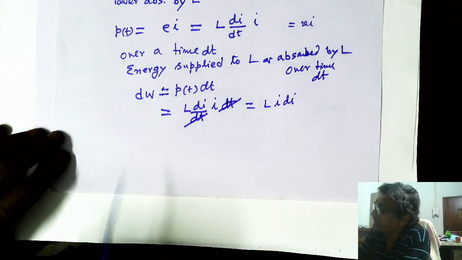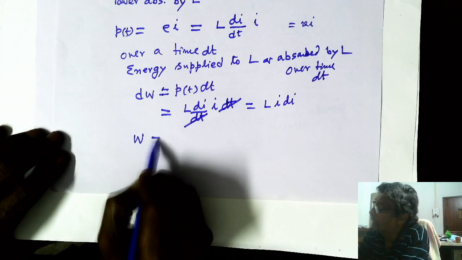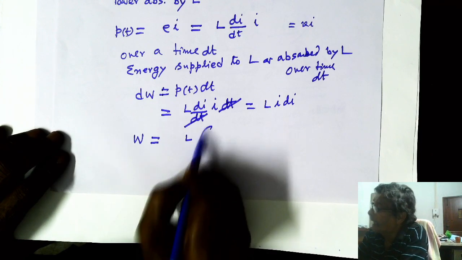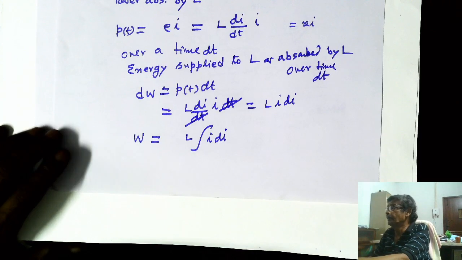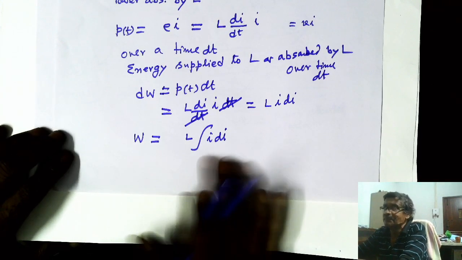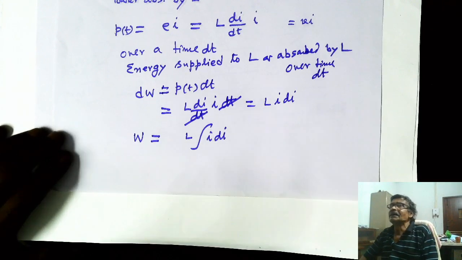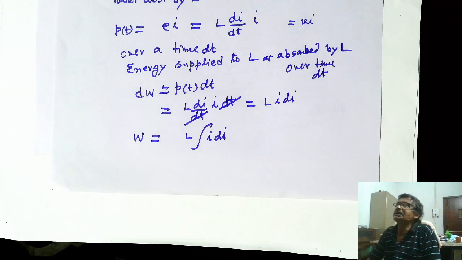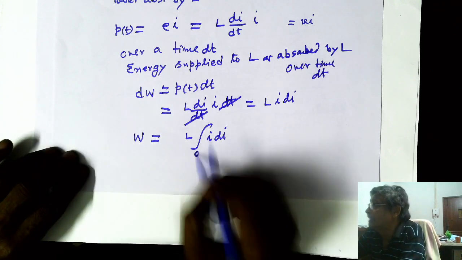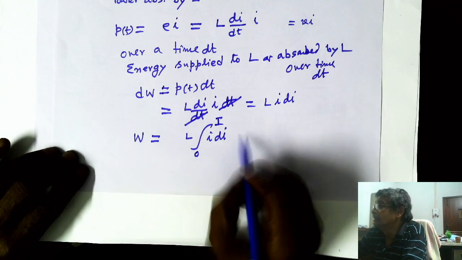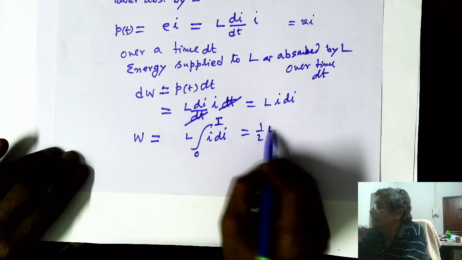So the total energy supplied will be the integral of L i di. See, here there is no time, but suppose over some time t I want to calculate the energy stored, and by that time the current has changed from, say, 0 to capital I. So this will be half L I square.